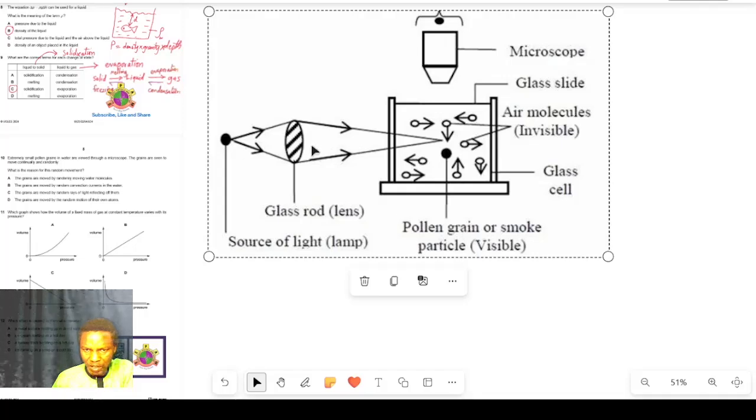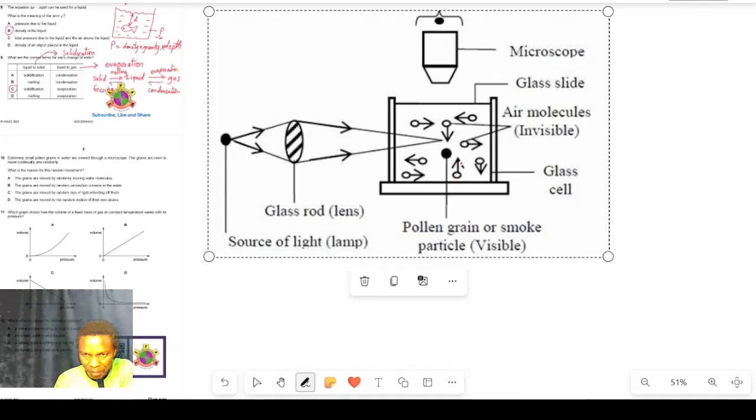If you look at the tiny pollen grains, they are black, while the white particles are invisible. We can't see these. These are the molecules of water. As they bombard the pollen grain, you see the pollen grain moving.